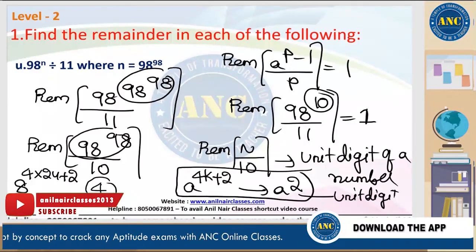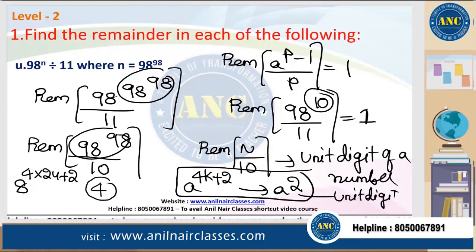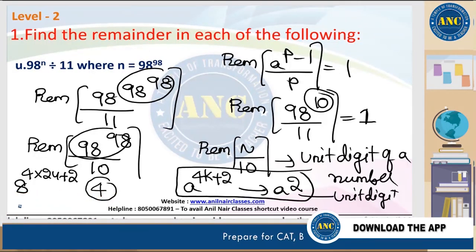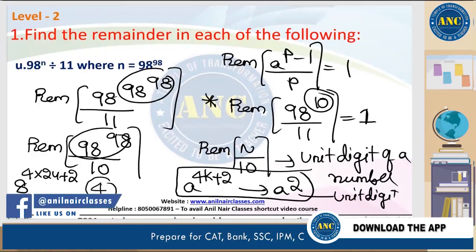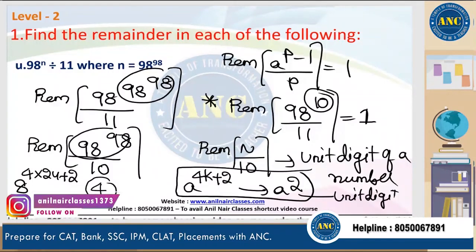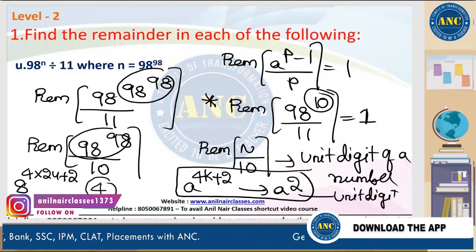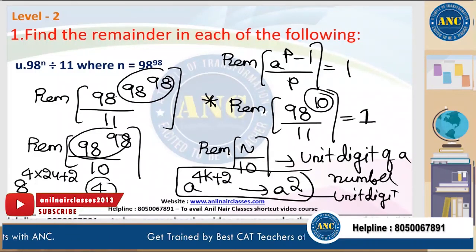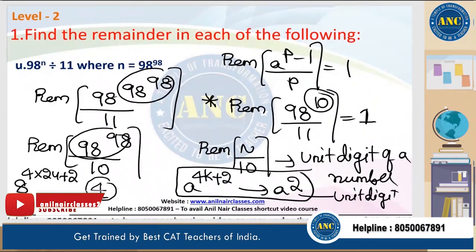98 power 98 power 98 divided by 11. If it is divided by 11, power should be 10. So the first step is 98 power 10 divided by 11 is 1. Then divide 98 power 98 by 10. What is the unit digit? Any number when divided by 10 is nothing but unit digit 4.